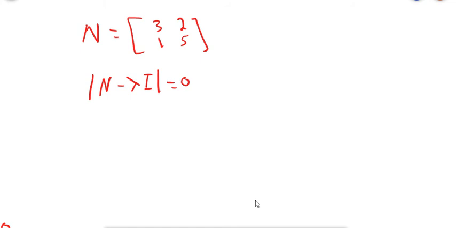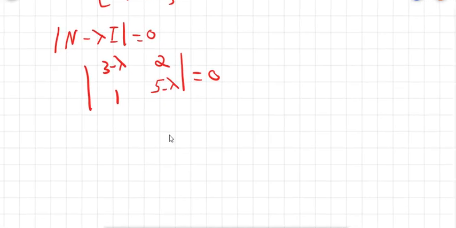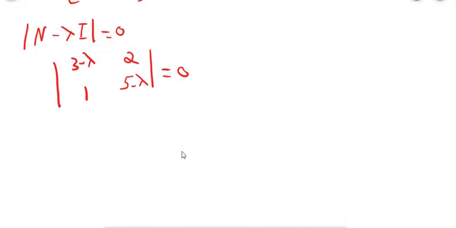So already you are familiar with it. It will be the determinant of [3 minus lambda, 2; 1, 5 minus lambda] equal to 0. By cross multiplication, it will be 3 minus lambda times 5 minus lambda, minus 2, equal to 0.